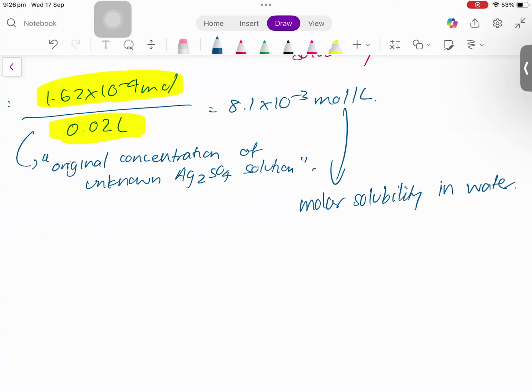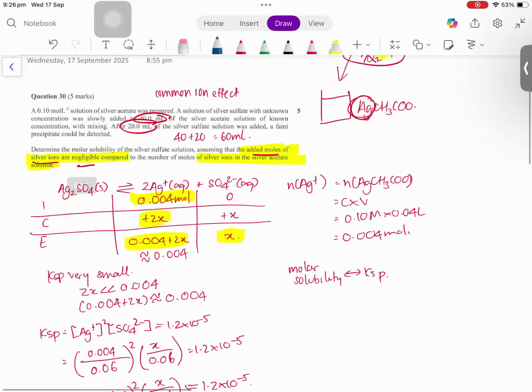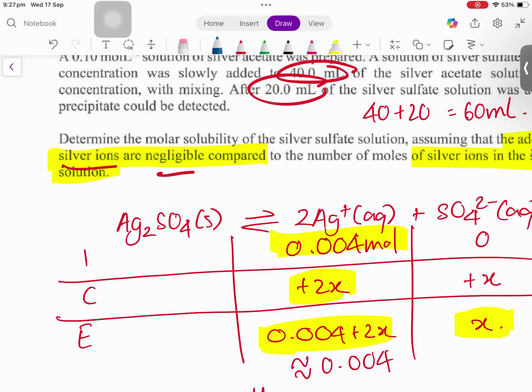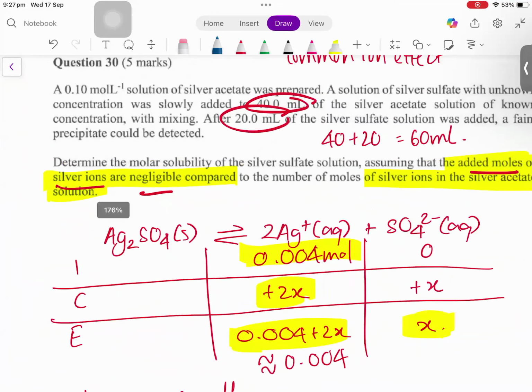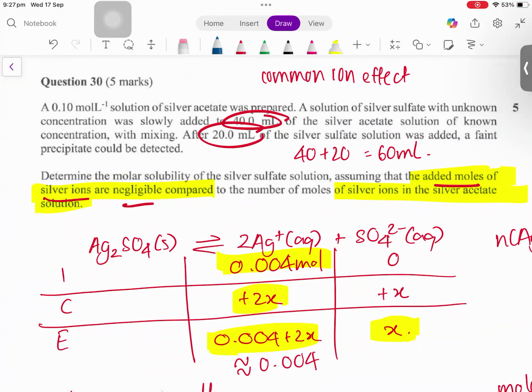So they're taking the total moles of sulfate over the volume that the sulfate is in. The sulfate is presumably dissolved in water, and that's only the 0.02. So what they've done is calculate the molar solubility in water. However, the question never implied that they wanted the molar solubility in water. They just said determine the molar solubility of the solution, and then it happened inside of a silver acetate solution.